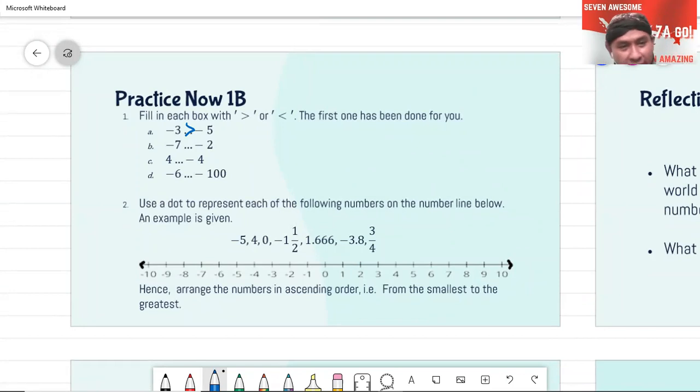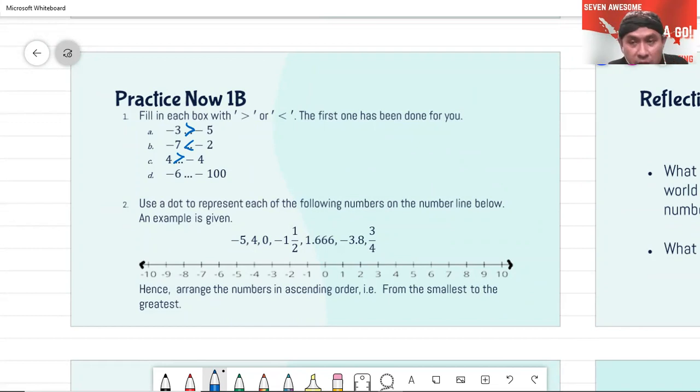Negative 7 and negative 2. Of course, it's this one. 4 and negative 4, this one. And negative 6 and negative 100. Do not look at this, because we call this the absolute value.